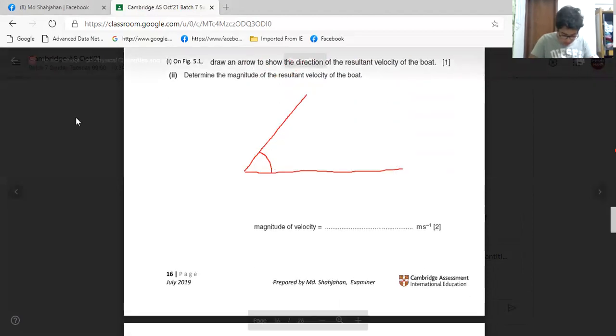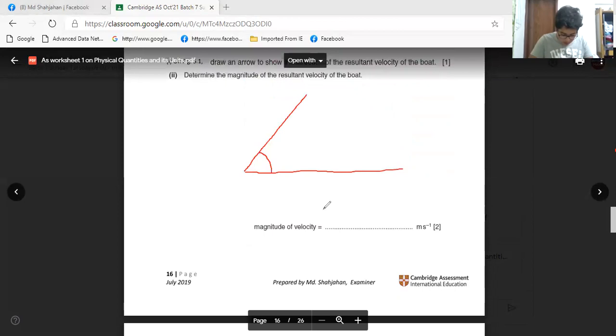This one you will label as 7 centimeters, at 60 degrees. And this one you label as 4 centimeters. And your scaling is 1 centimeter equals 2 meters per second. Write it there. 2 meters per second.